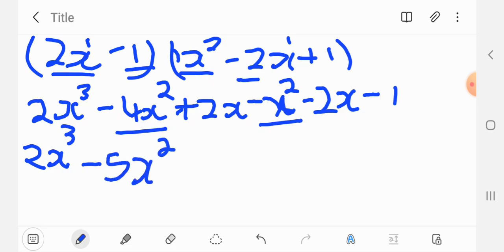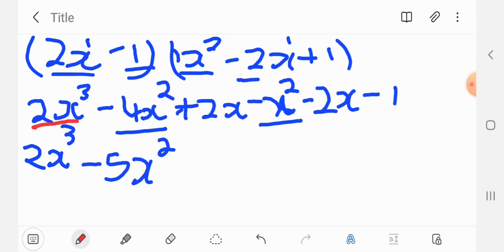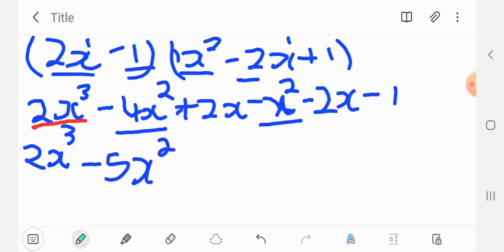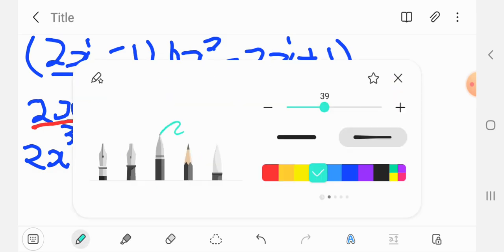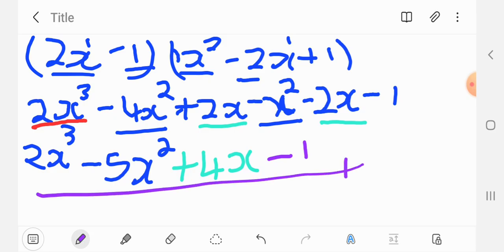Then the other like terms that we have are 2x and 2x, and that will give us plus 4x. And then this minus 1 is by itself, so we cannot simplify any further than this.